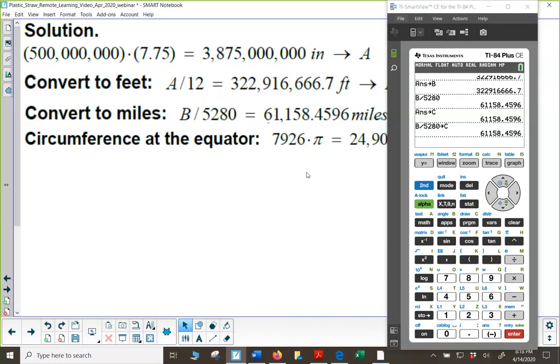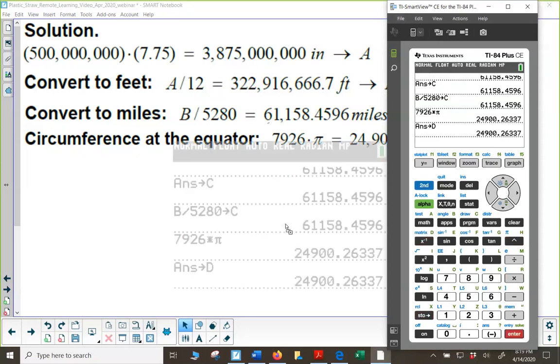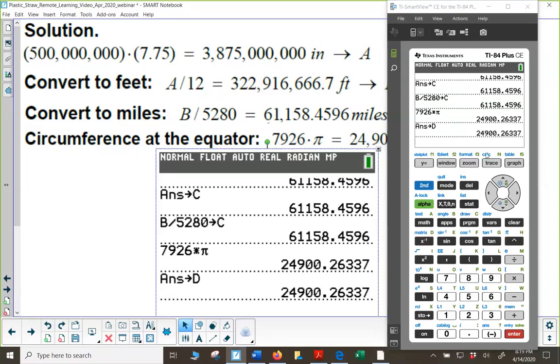So I'll type in 7926 times pi, and pi is second caret. And so that's how many miles the circumference is, and I'll store that into the next letter, which I think is alpha D, and pull that off. Where I put it, yes, into D.